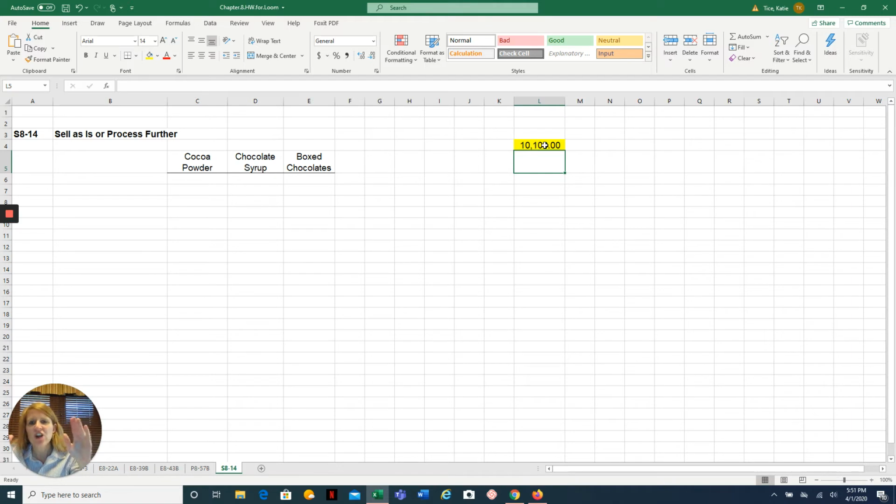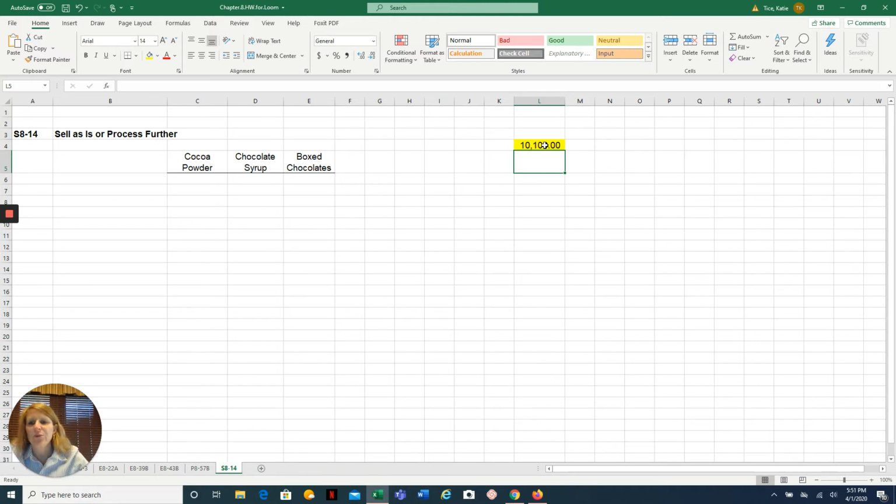No matter which option we choose, we will have incurred the $10,100 to process the cocoa beans into cocoa powder. Once processed, each batch of cocoa beans would result in the following sales revenue.